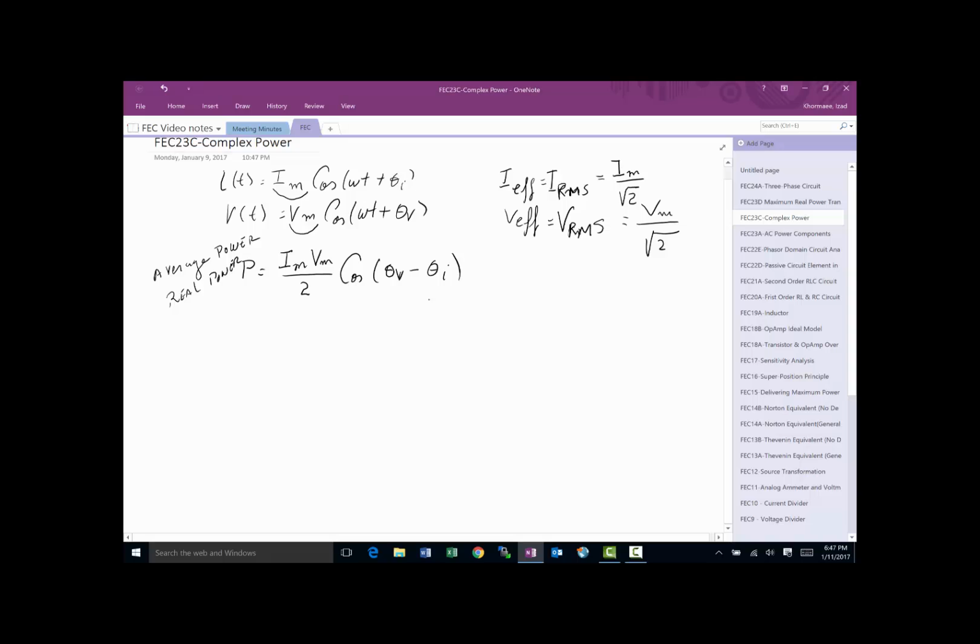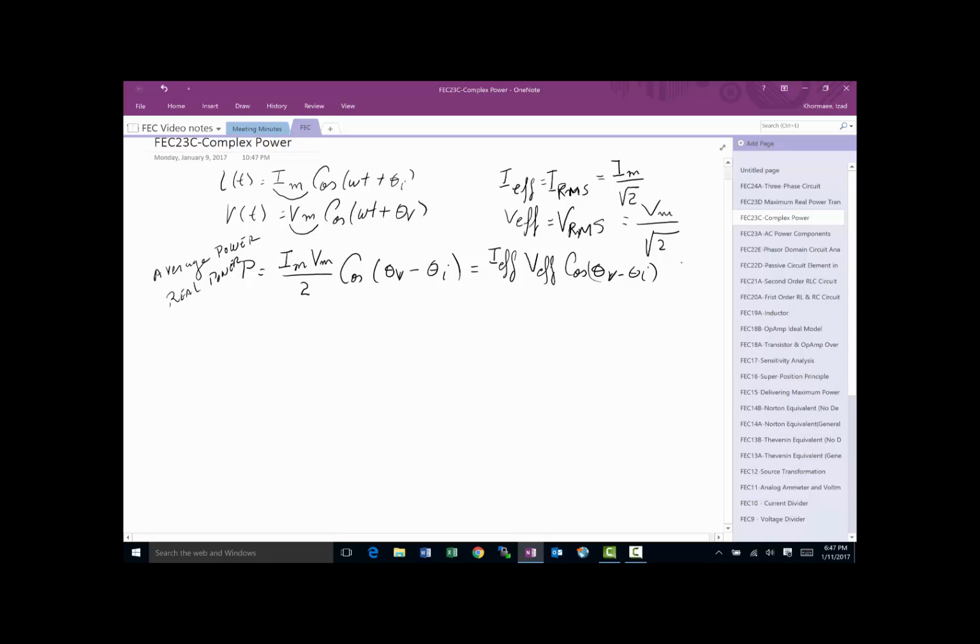Then we can take this 2, break it up into square root of 2 times square root of 2, so that we have Im over square root of 2 and Vm over square root of 2. Sometimes you will also see this written as I effective V effective cosine of theta V minus theta I. So you'll see them written both ways. So that was the real power.